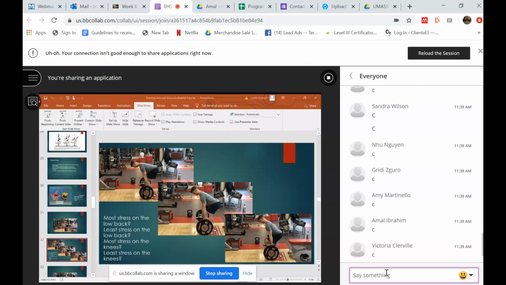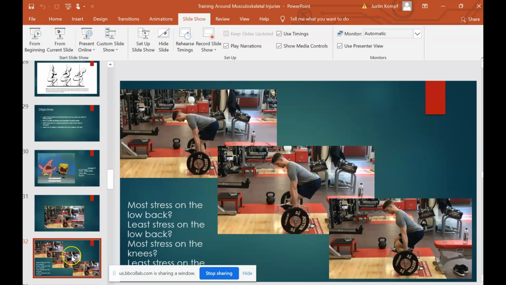Which one's going to place the least stress on the knees? Yep. I think A as well.